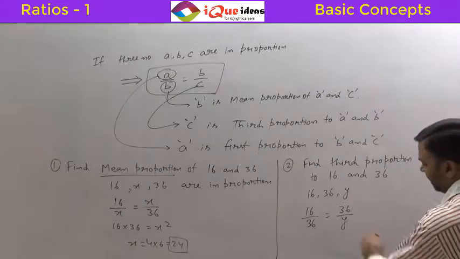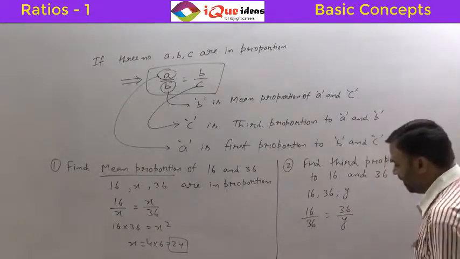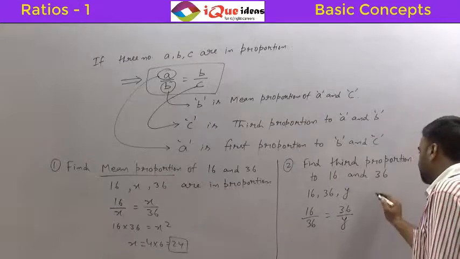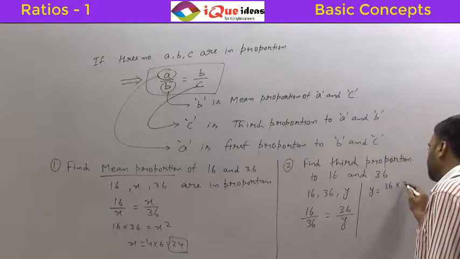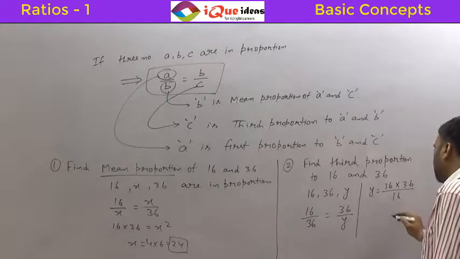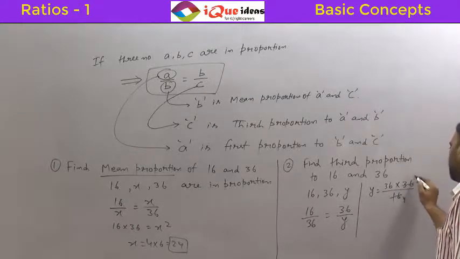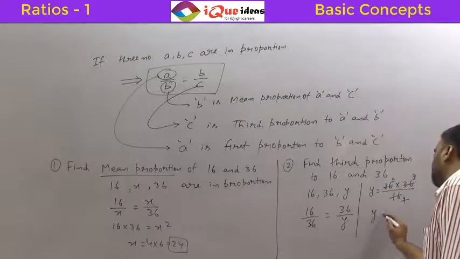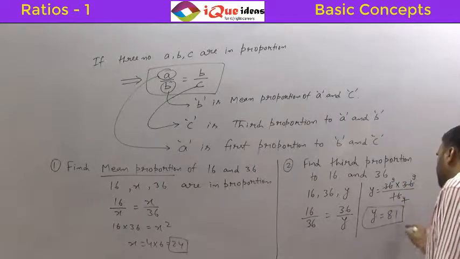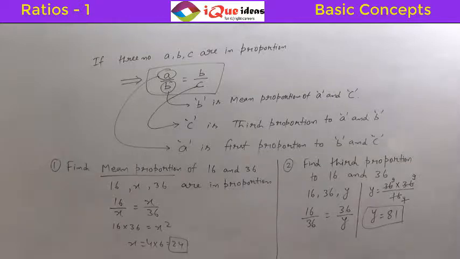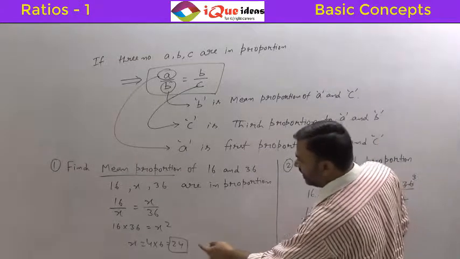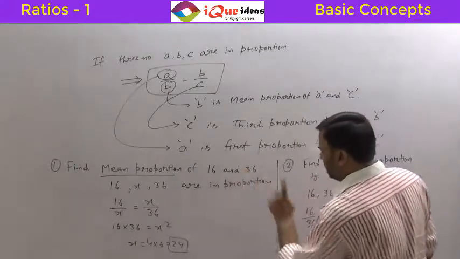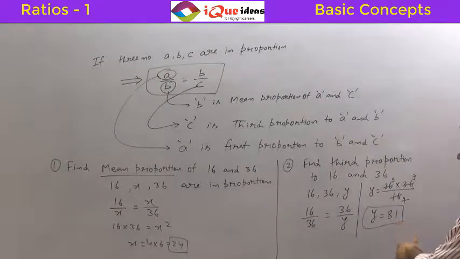If you simplify, you'll get the value of y. So y is equal to 36 into 36 divided by 16. So 4 nines are 36, and 4 nines again. So we get y is equal to 81. This is the answer. So try and understand that 24 is the mean proportion of 16 and 36, and 81 is third proportion to 16 and 36.